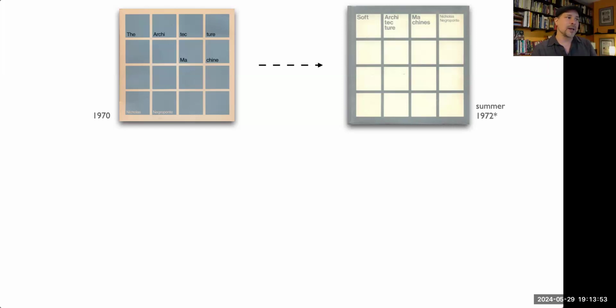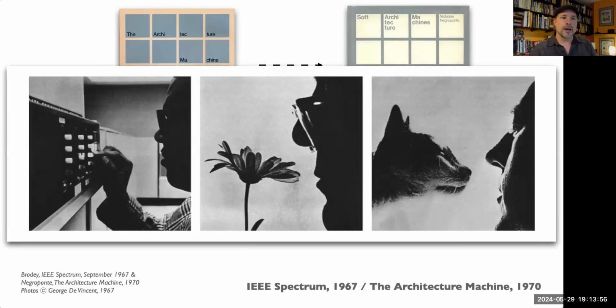In The Architecture Machine, I was really struck by this series of images. It's extraordinary in the way it captures, in just 3 frames, the notion of what I think we're trying to do with responsive architecture and with moving new kinds of interfaces or new kinds of interaction into the built environment, going from something hard, with controls and control panels, on the left to something that's more natural, more flexible, more pliable, and even perhaps more empathetic.